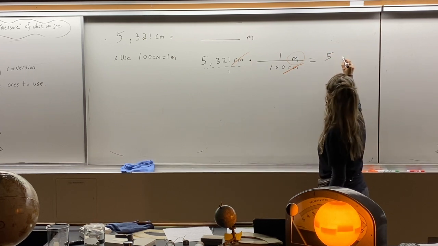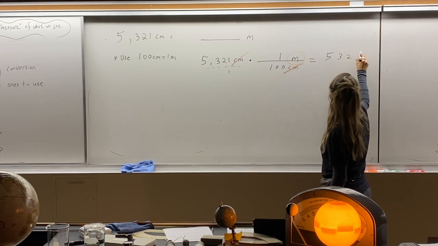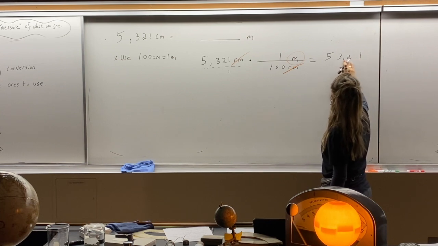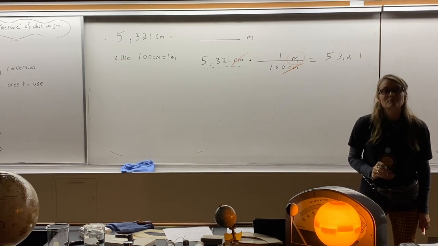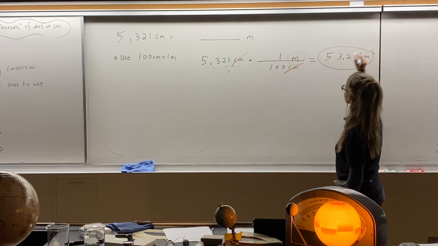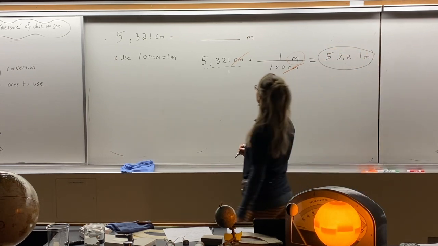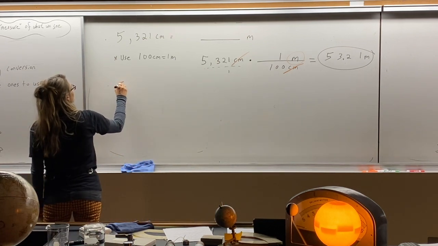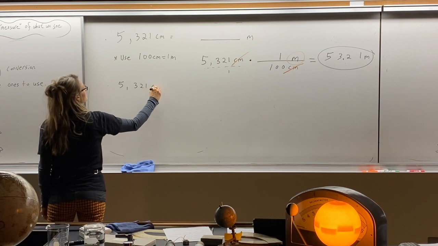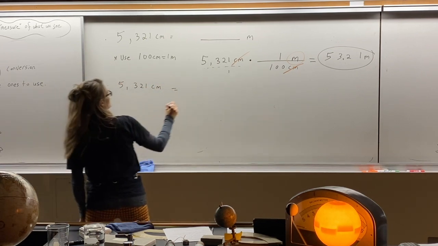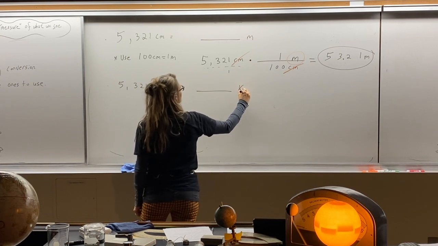This will be 5, 3, 2, 1. I go over 2 places, so this is 53.21 meters. And that's how that works. Now, what about 5,321 centimeters equals how many kilometers?